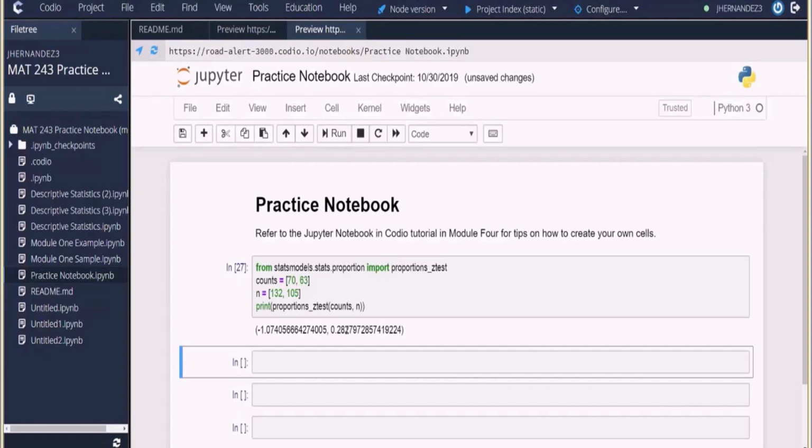Then we will take this two-tailed p-value divided by 2, and that is the p-value that we will compare with alpha. If alpha is 0.05, then that is what we will compare with to reach our conclusion. And the rule is very simple. If the p-value is less than alpha, you reject the null hypothesis. If the p-value is greater than alpha, you do not reject the null hypothesis.